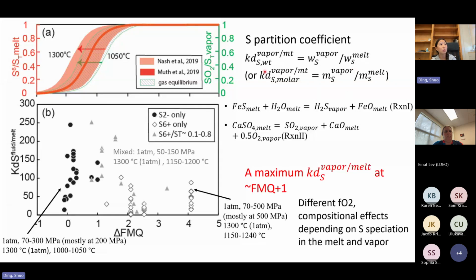Instead of using just one partition coefficient for sulfur, we consider sulfur degassing as two separate reactions. One reaction is sulfide degassing to H2S, and we use existing experimental data to constrain the sulfide partition coefficient of reaction 1.